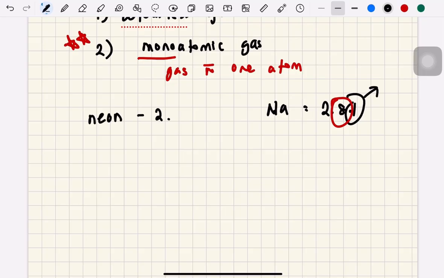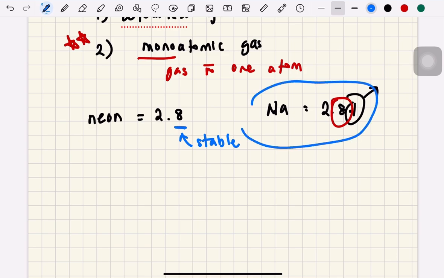The electron arrangement is 2.8. So the 8 means it is already stable. They are special, meaning they already exist stably. Meanwhile all the other elements like group 1, group 2 and so on are not stable, and they have to donate or receive to become stable.